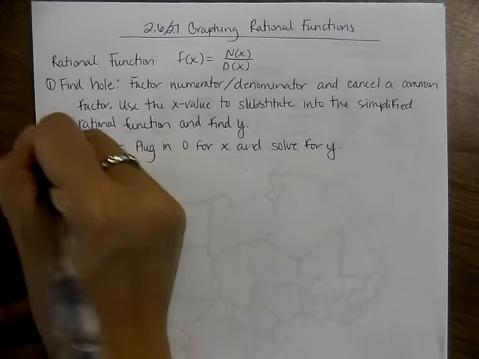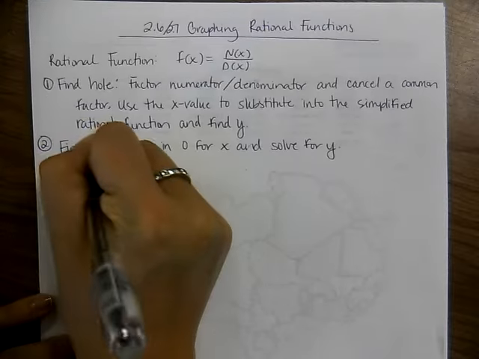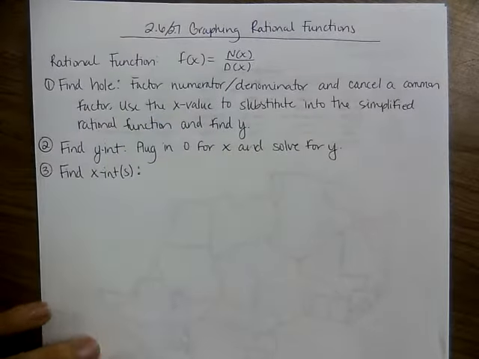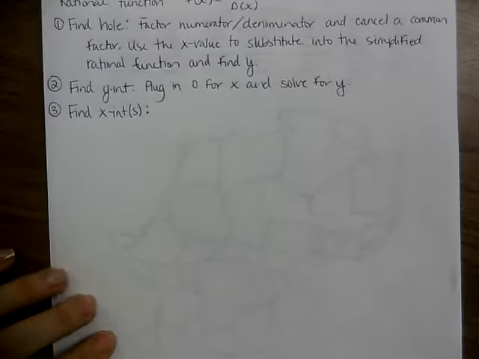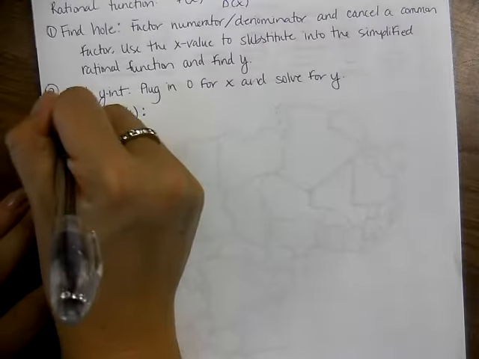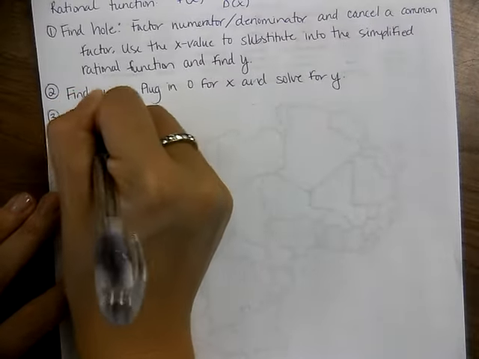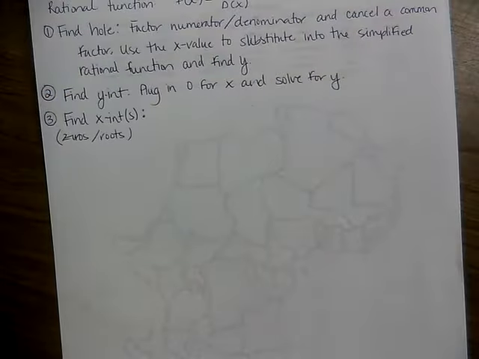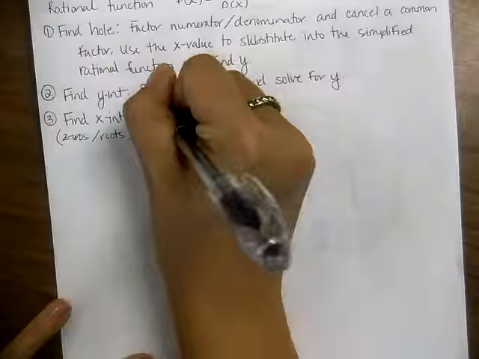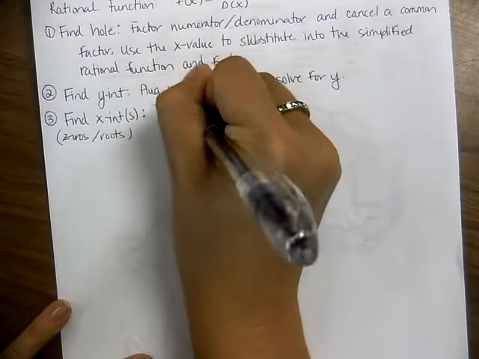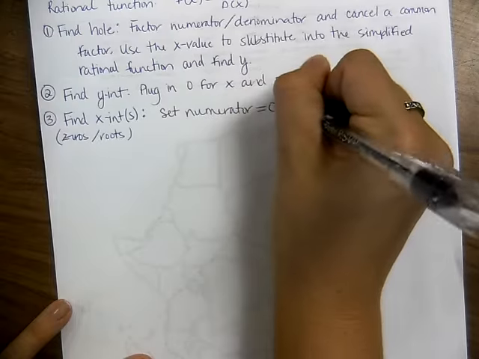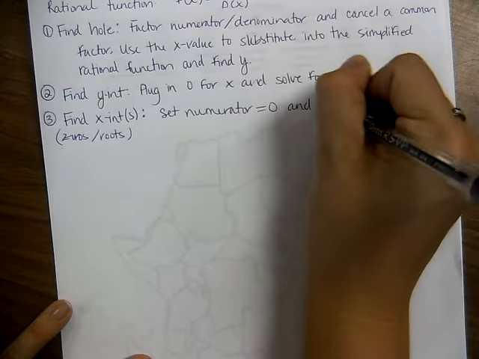Step 3, find the x-intercepts. Now remember that x-intercepts can also be referred to as zeros or roots. And in that case it would just be like x equals rather than an ordered pair. So to do this, you're going to take the numerator, set that numerator equal to 0 and solve.